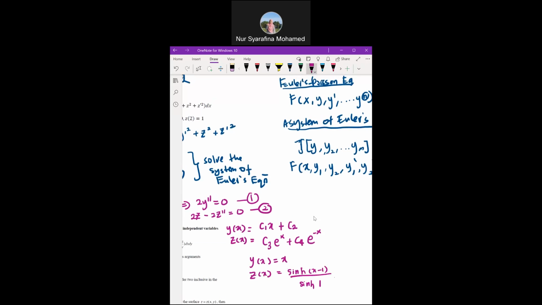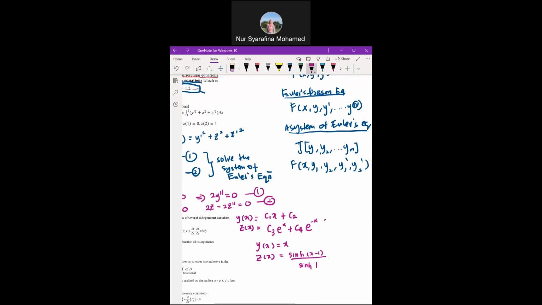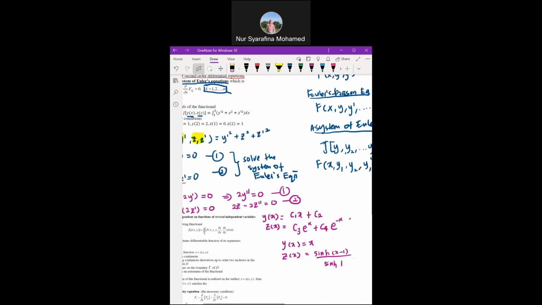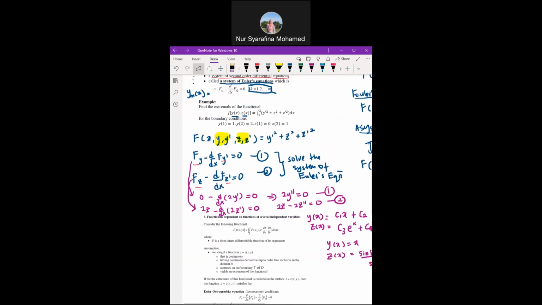All right, try this. I'm not going to give every step here because I believe all of you can do this. The process is similar, but the difference here is how the Euler equation is represented, depending on the type of functional given. But our focus is to find the extremal.